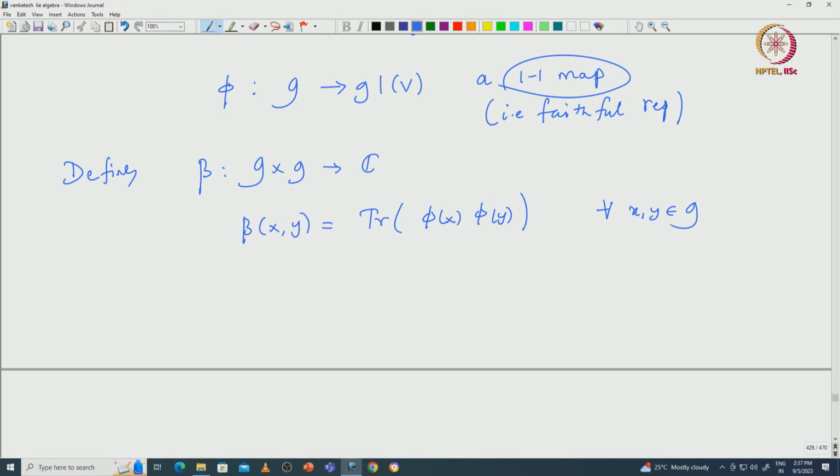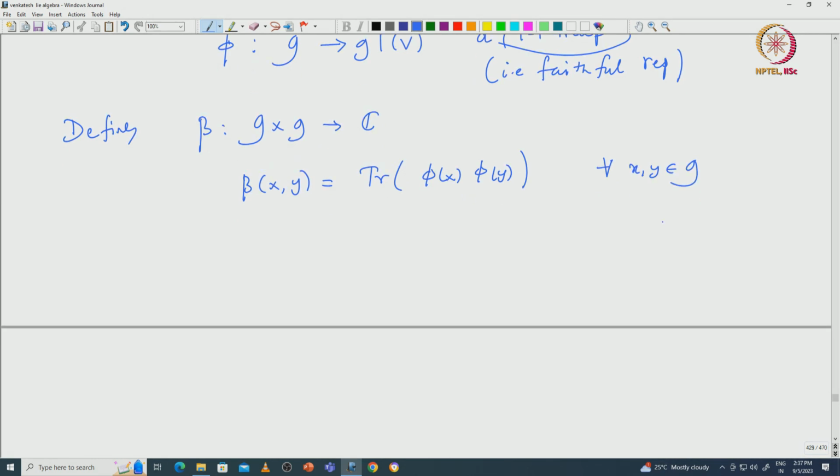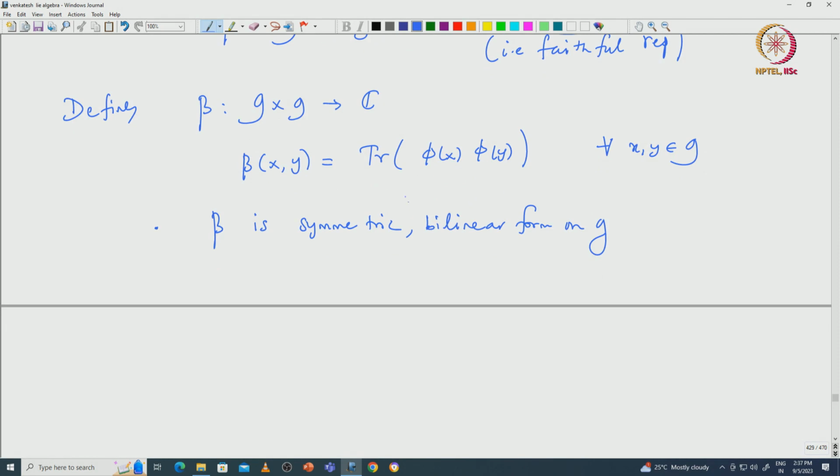Now it is immediate that one can easily check that beta is a symmetric bilinear form on g. This is easy to check because the trace is linear and the product is bilinear. So, we get that beta is a symmetric bilinear form.